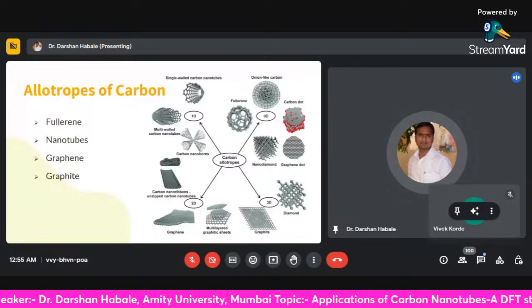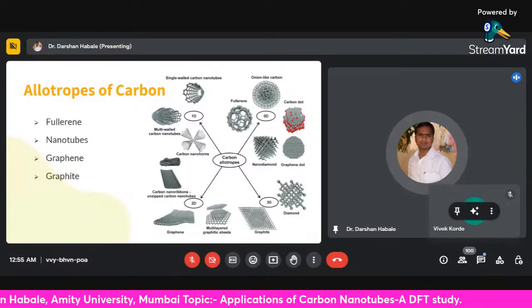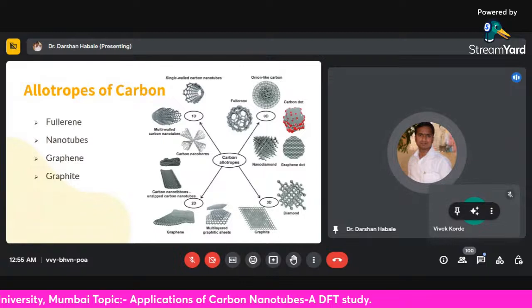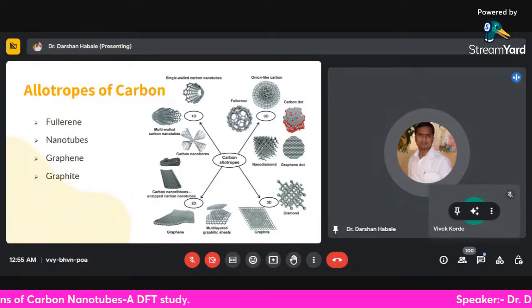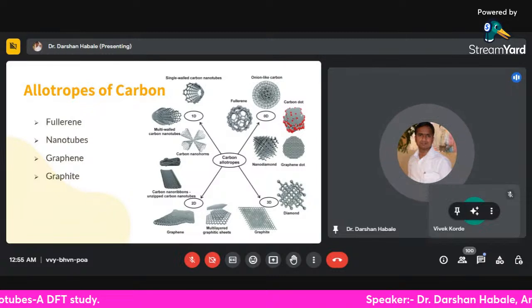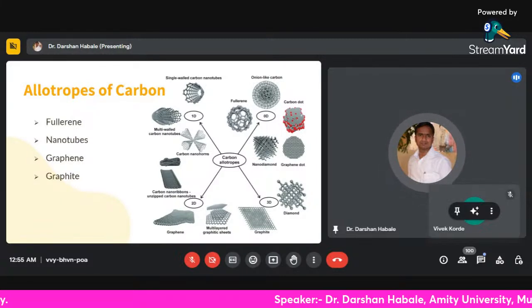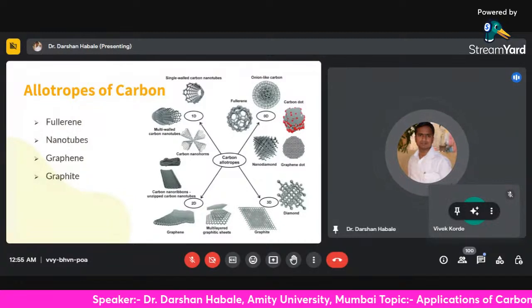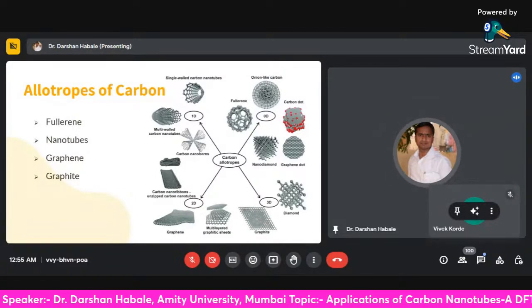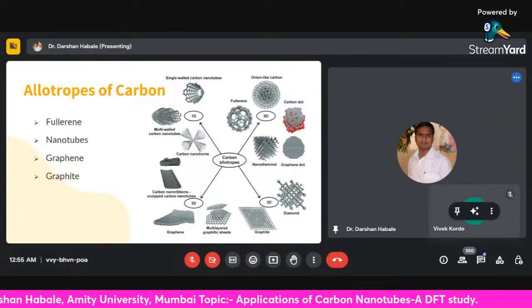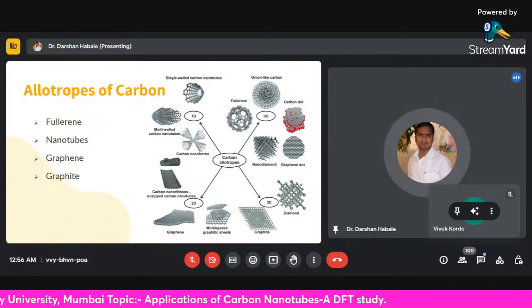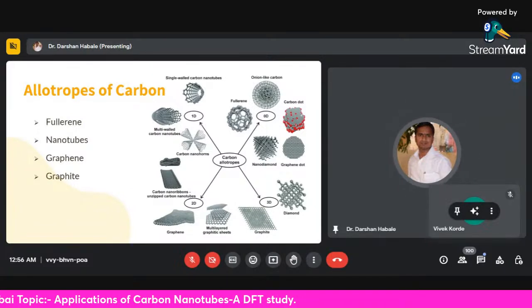Recently, there has been significant progress in the creation of graphene derivatives such as graphene oxide, porous graphene, and reduced graphene oxide. Okay, so another important kind of graphene is the zigzag pattern found in the structure of graphene, commonly called graphene nanoribbon. So this is all about the introduction of a few of the allotropes of carbon.